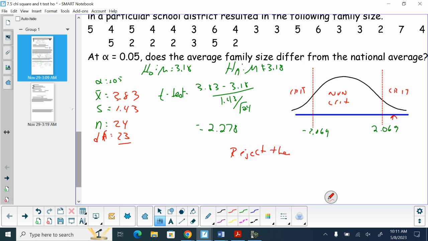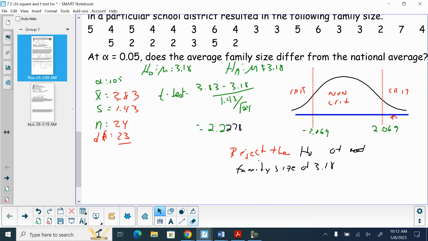Wait, 2.278. Okay, it still takes us out into a critical region, so we can reject the null hypothesis of national average family size of 3.18 people.